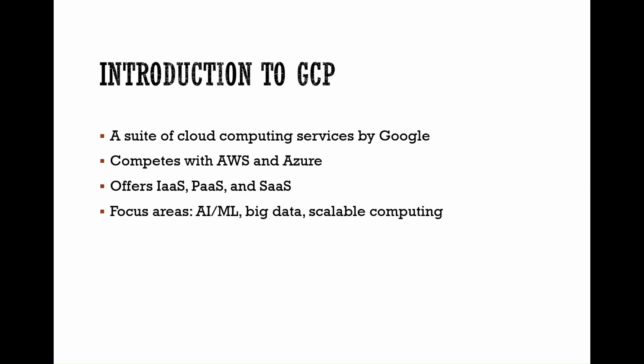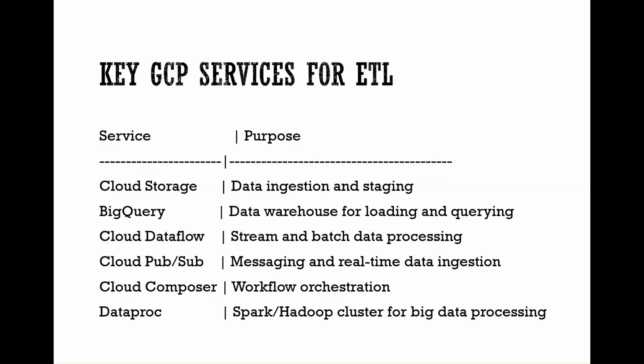So right now we will see some of the available solutions in GCP that can be used to design an ETL pipeline. These are some very commonly used services of GCP that are listed here: Cloud Storage, BigQuery, Cloud Dataflow, Cloud Pub/Sub, Dataproc, and Composer.